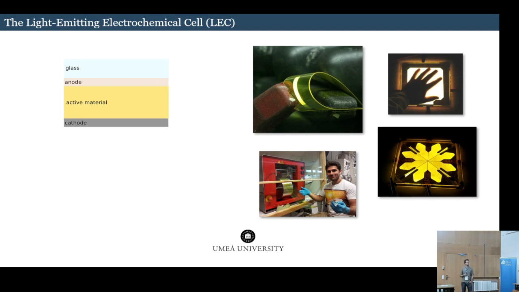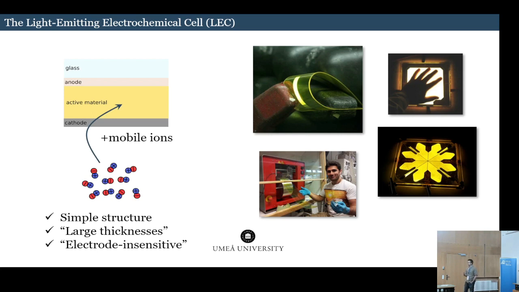But the characteristic thing of LECs is that the active material is a blend of an organic semiconductor and an electrolyte, meaning basically mobile ions. And this allows us to get away with a much simpler structure than OLEDs, like a simple single layer. And in a minute, I'm going to show why, but we can also get away with large thicknesses, meaning the devices that we fabricate can be fault tolerant and suited for large scale fabrication.